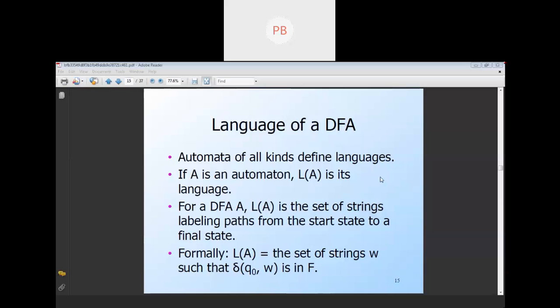So automata of all kinds define language. If A is an automaton and L of A is its language, that means without a language we cannot start the study of a machine, because without a language we cannot start writing an essay.